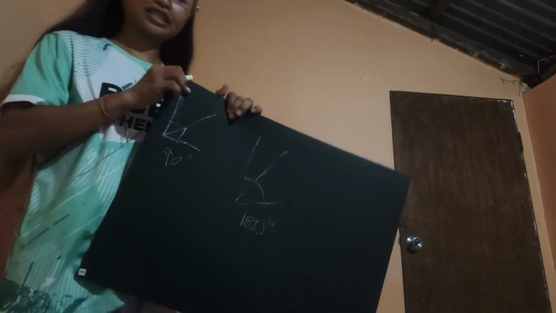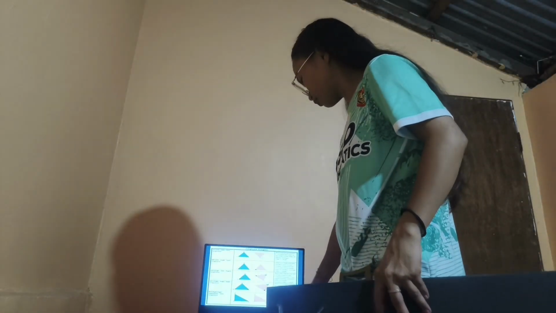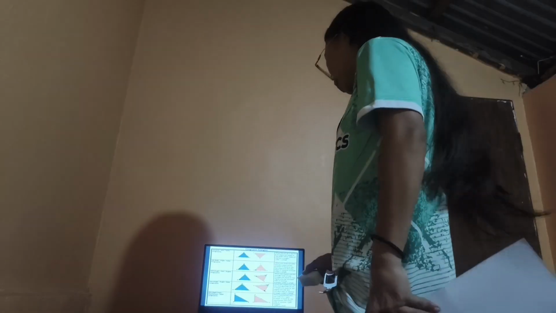Okay, now let's proceed to the angle congruences. First we must look into side-side-side. So what is side-side-side? It is when the 3 sides of a triangle are equal to the 3 sides of another triangle.